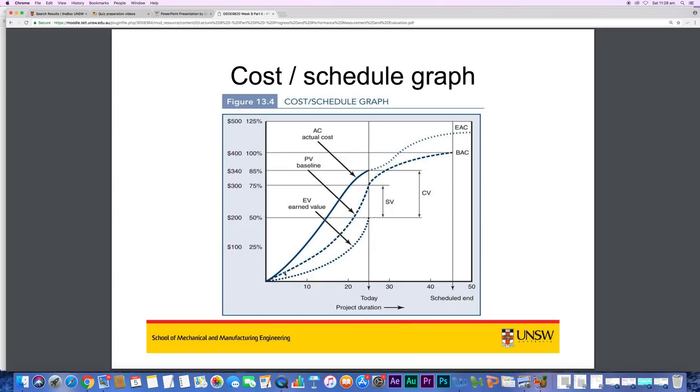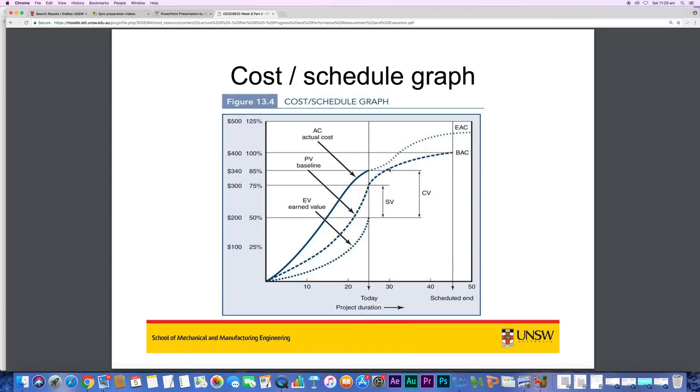If we continue this planned value all the way to the end, we'll get budget at completion. We'll see later on in our baseline budget, if we add all of the planned values, the cumulative final one is the total budget. So the total planned value, when you add them up, gives you the budget for the whole project.